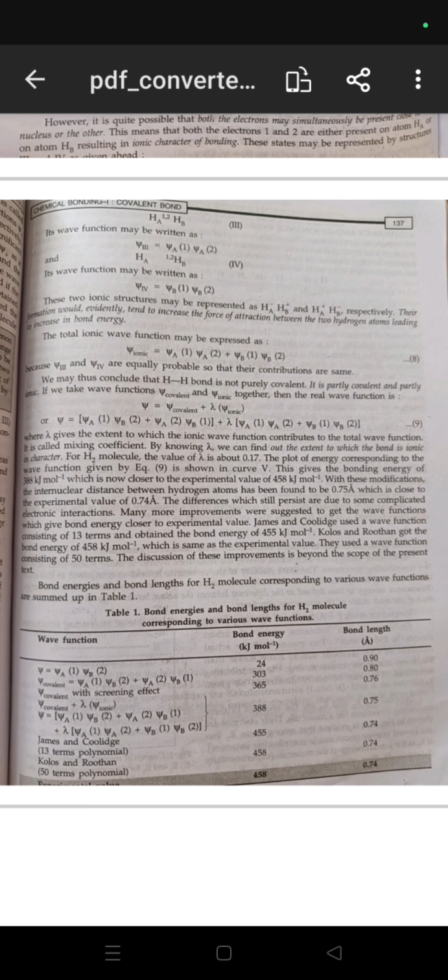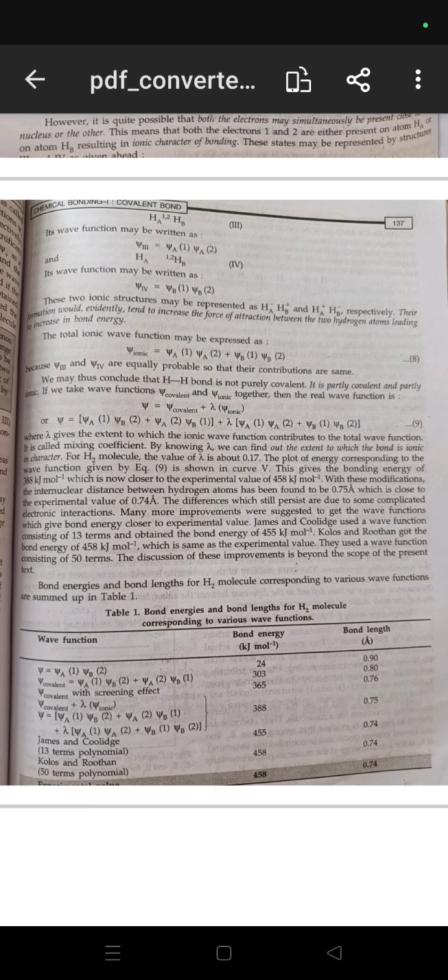Many more improvements were suggested to get a wave function which gives bond energy closer to the experimental value. James and Coolidge used a wave equation consisting of 13 terms and obtained a bond energy of 455 kJ per mole. Kolos and Roothaan got a bond energy of 458 kJ per mole, which is the same as the experimental value.